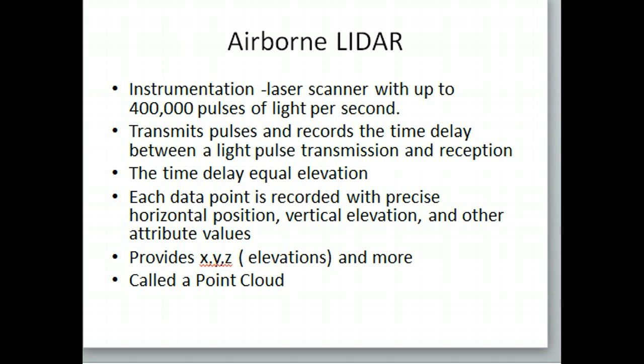The time between when I send the pulse and when it comes back is that time delay that gives the elevation difference. If I know how high my plane is above the ground and how long it takes that signal to hit the top of the building or the top of the tree or the bottom of the creek bed, then I can begin to build a point cloud of information about that topography.